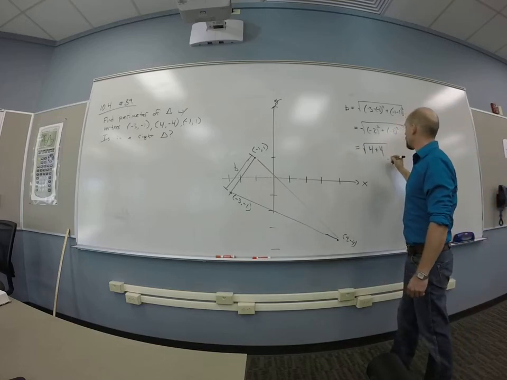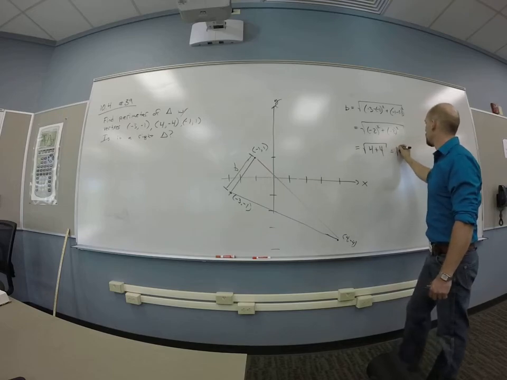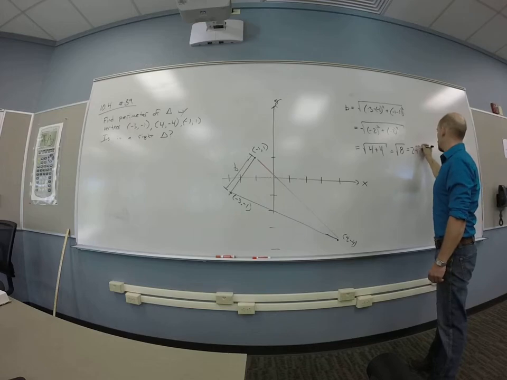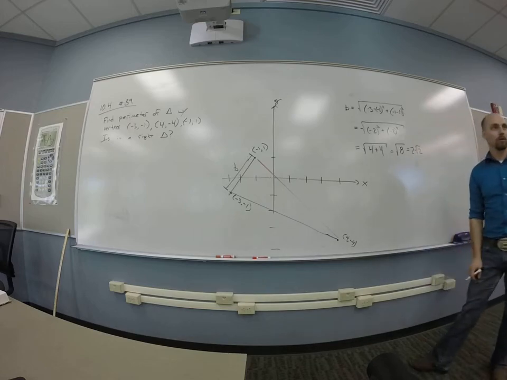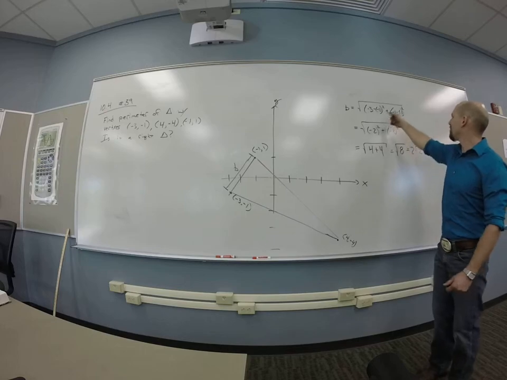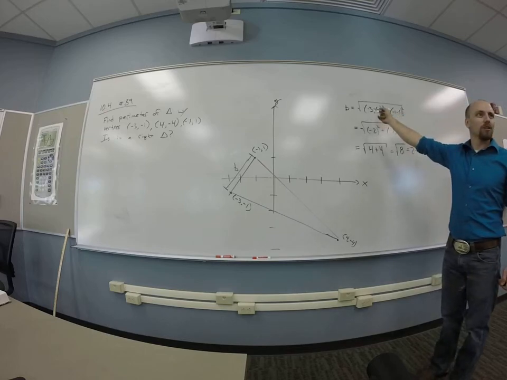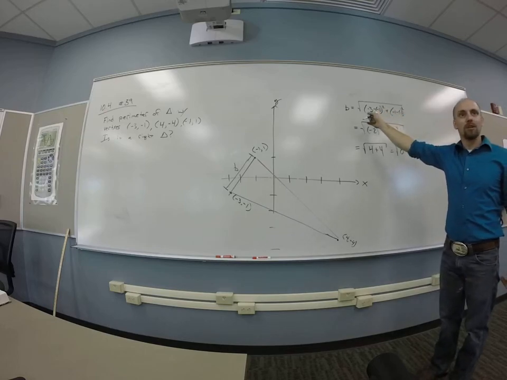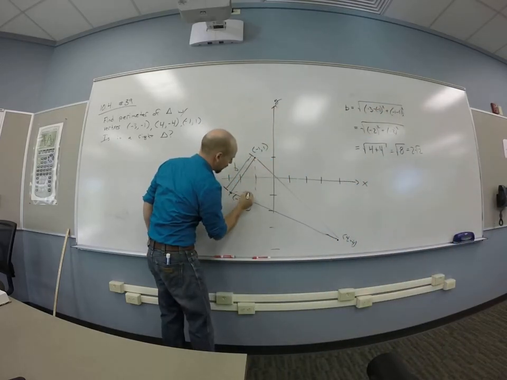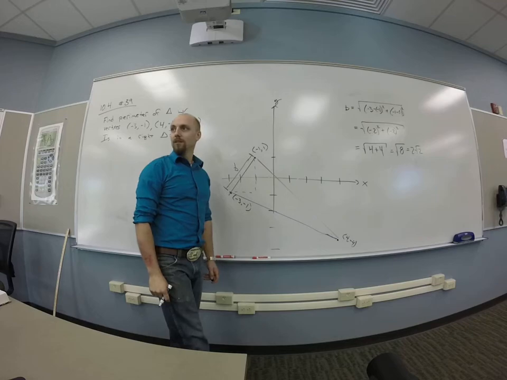So you get 4 plus 4, which is the square root of 8, which is 2 root 2. You guys see that? This is the Pythagorean Theorem though, right? Do you see the triangle I'm doing it to? I'm doing it to this triangle.